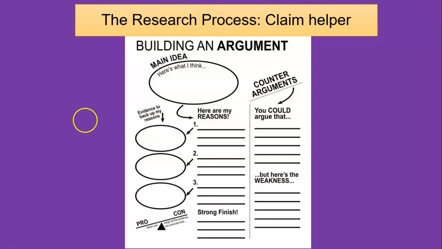And these can just be jotted down here in these little ovals. You could also include your counter arguments on this page where you argue against your reason. You could argue against your reason, but you always want to point out the weakness in your counter argument, why the counter argument is not the correct answer, because there is a weakness.